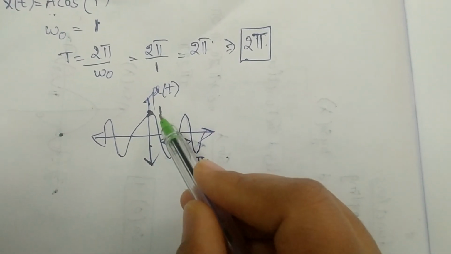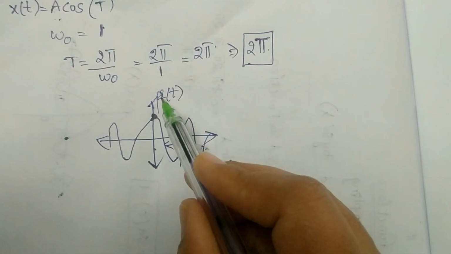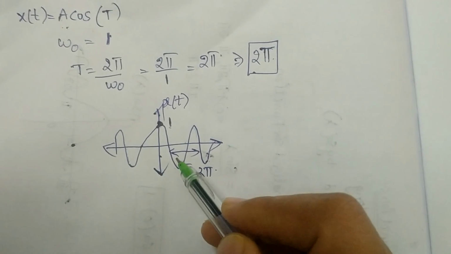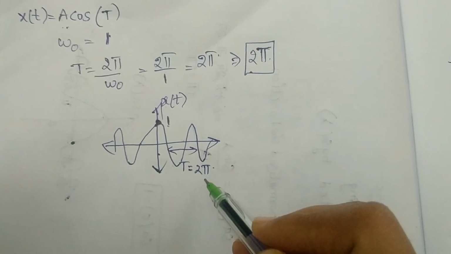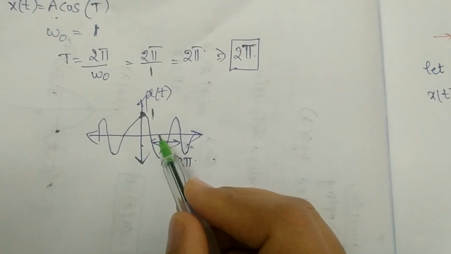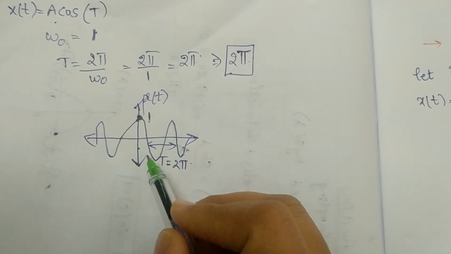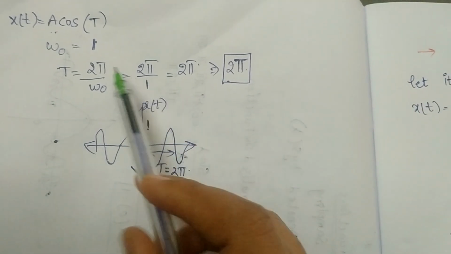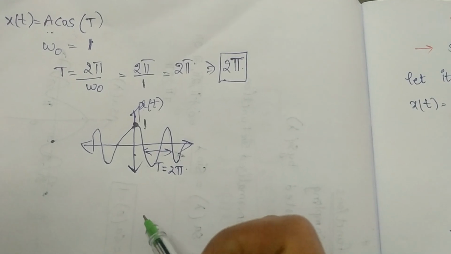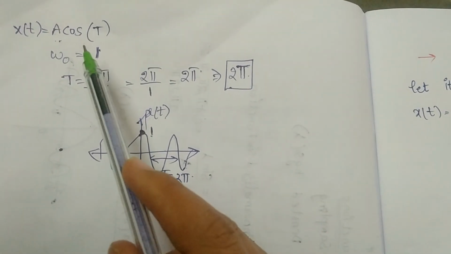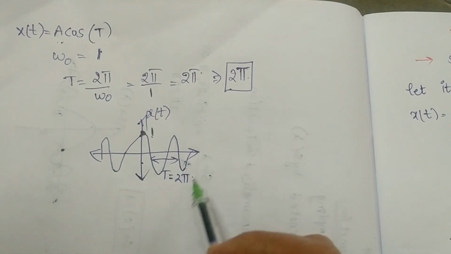The amplitude must be 1, and this is a sinusoidal signal. The time period will be 2 pi, the phase shift will be 0, and omega naught will be 1, right? So this is the graph of A cos t.